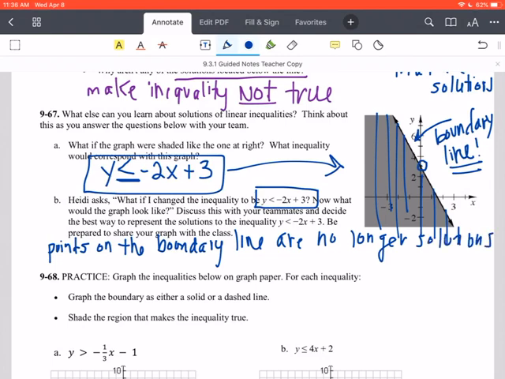So when you don't have the or equal to, how are we going to take care of that? We must use a dashed line or a dotted line.